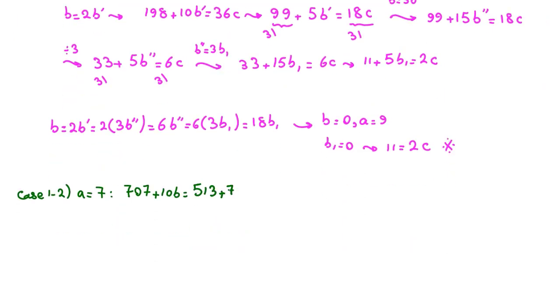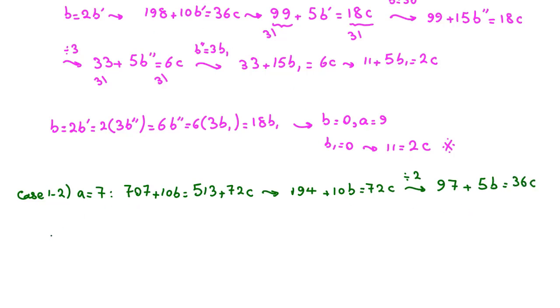Let's subtract: 707 minus 513 is 194, so 194 plus 10b equals 72c. Now let's divide both sides by 2, so it will be 97 plus 5b equals 36c.